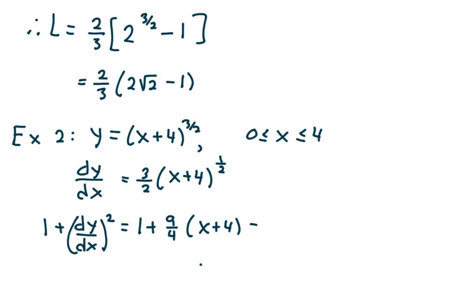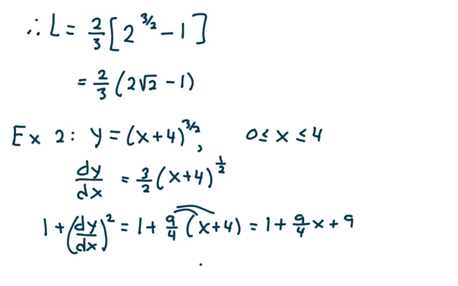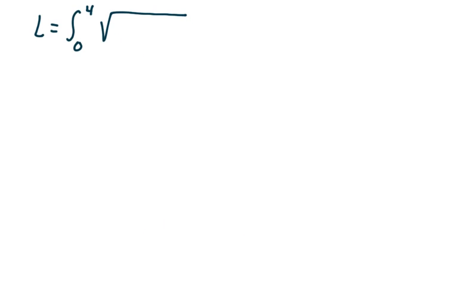And so what I would do is distribute the 9/4 in. And so I get 1 plus 9 over 4 x plus 9. 9/4 times 4 is 9. And so L is the integral from 0 to 4 of the square root of 9/4 x plus 10 dx.